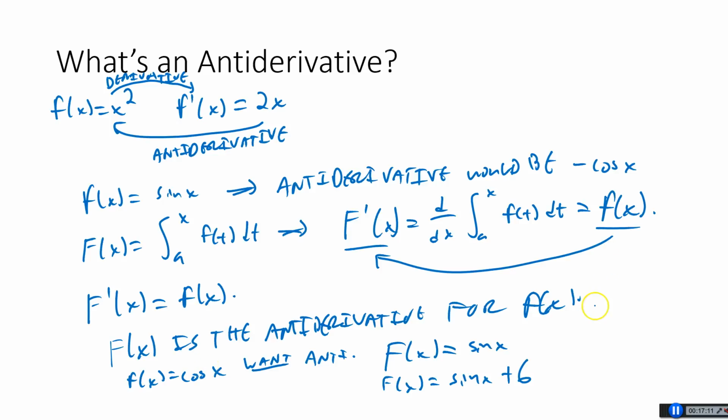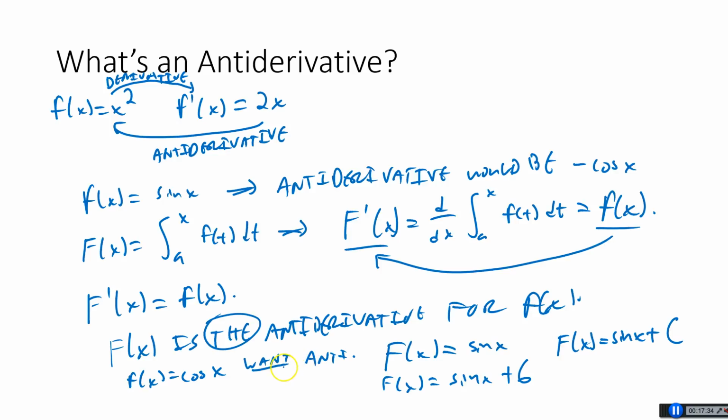So what happens here is you get a whole family of functions, right? Basically, anything that's sine x plus some constant, we'll call it c. This might be your first plus c of calculus. So capital F of x is an antiderivative, and that's why you say an antiderivative. Usually you don't use the word the antiderivative. We use it initially because we're looking for something whose derivative makes this function.